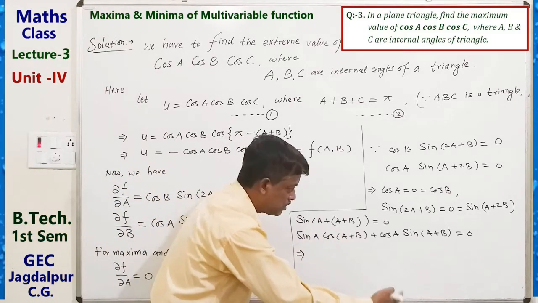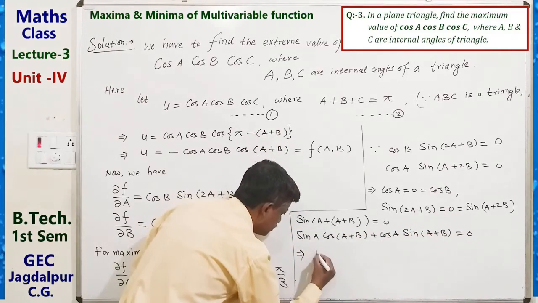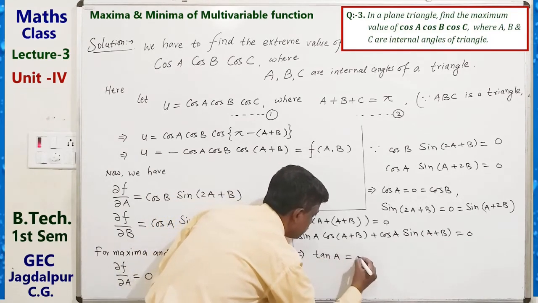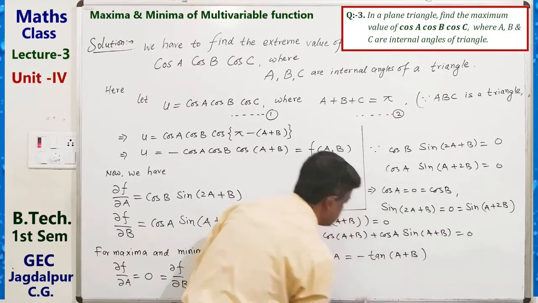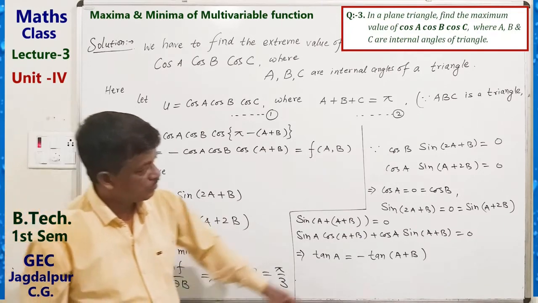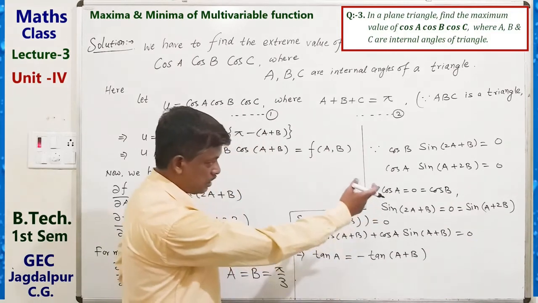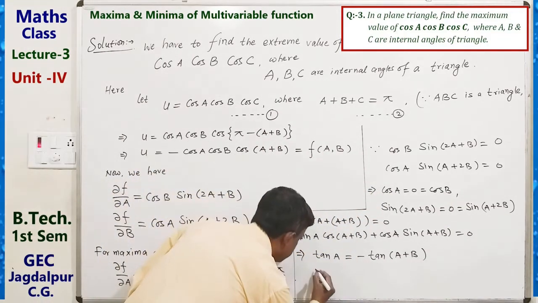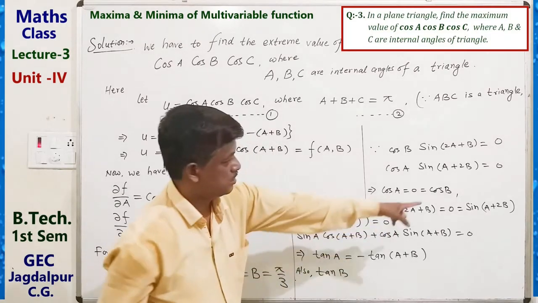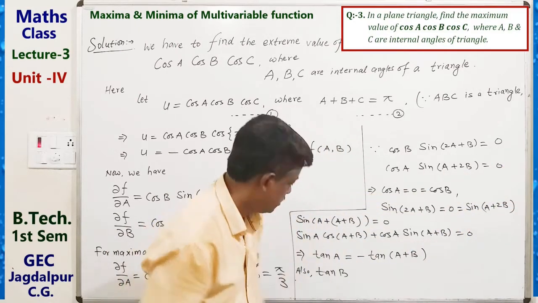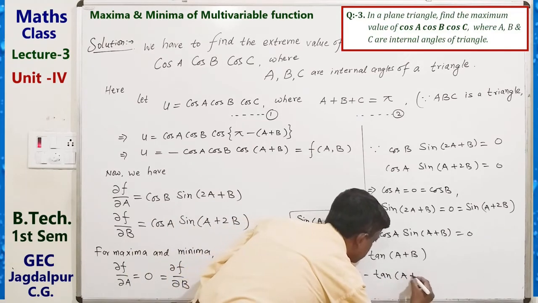on transferring to the right hand side, this will have a minus sign. So cos is taken here. So tan a equals minus tan(a + b). Similarly from here, a + b + b. In that case, also we can write similarly. Also, from this relation, tan b equals minus tan(a + b).